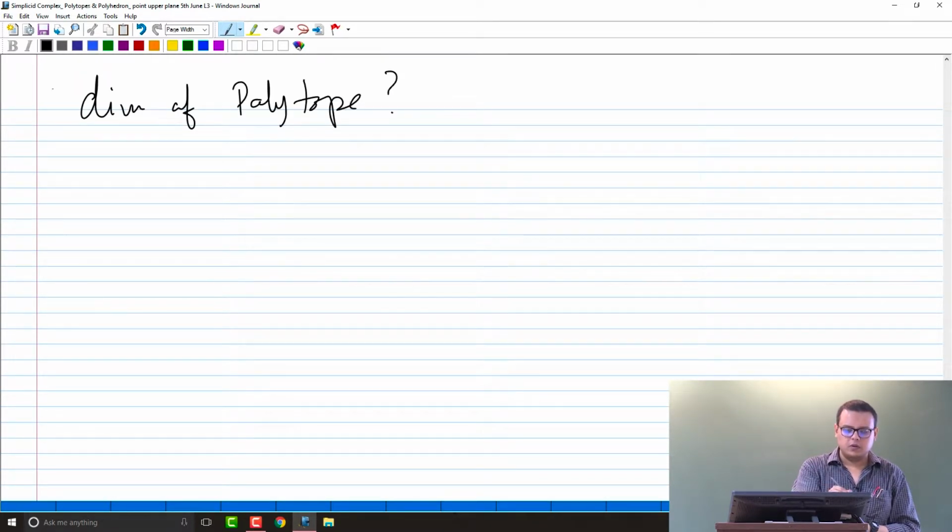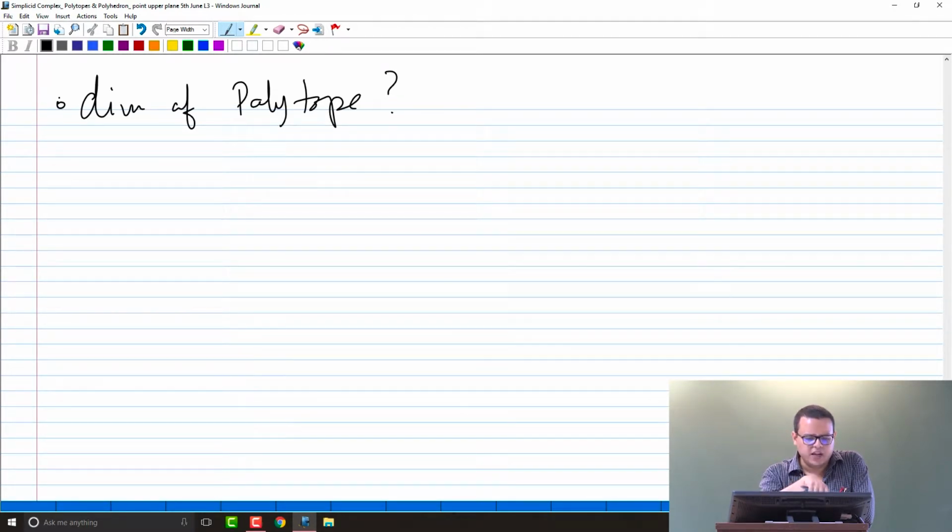So, what is the dimension of a polytope? What do you think should be the dimension of the polytope? How should we define it? How did we define it for simplices? There were two definitions, equivalent for simplices: one was the number of vertices minus 1, the other was the dimension of the minimum dimensional affine space containing the simplex.